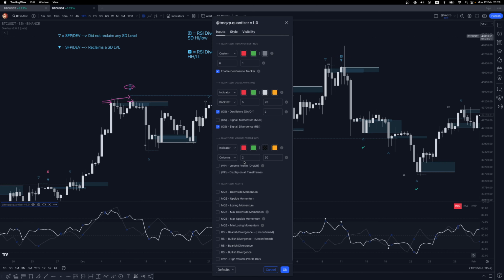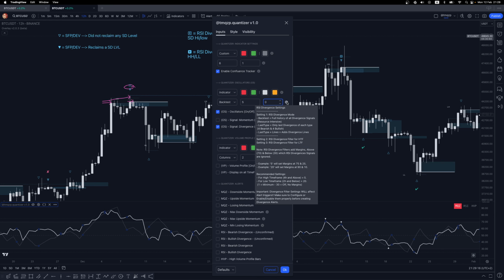For some reason, it's not detecting it here. What's happening? What is it? Hold on. What am I missing here? I hate these options now. This is so antiquated.